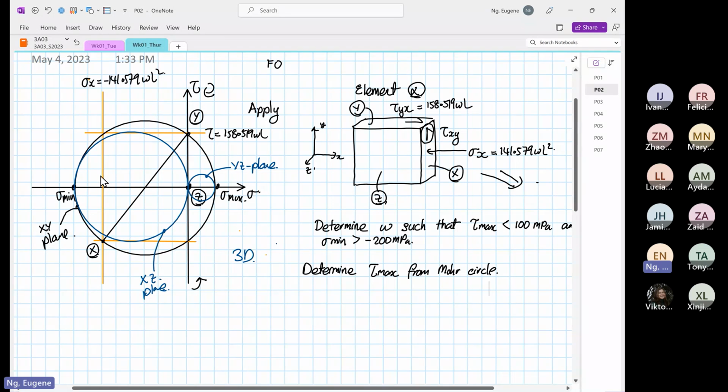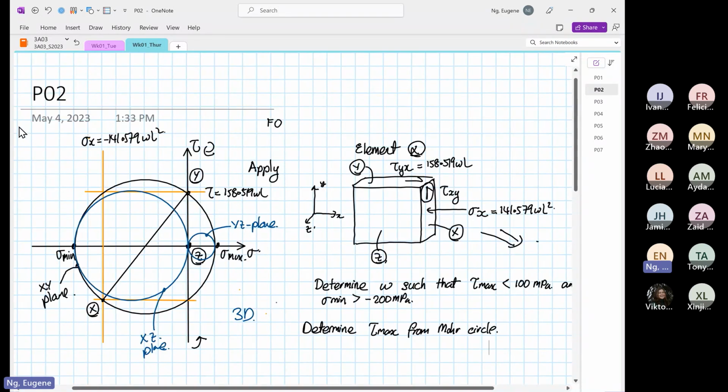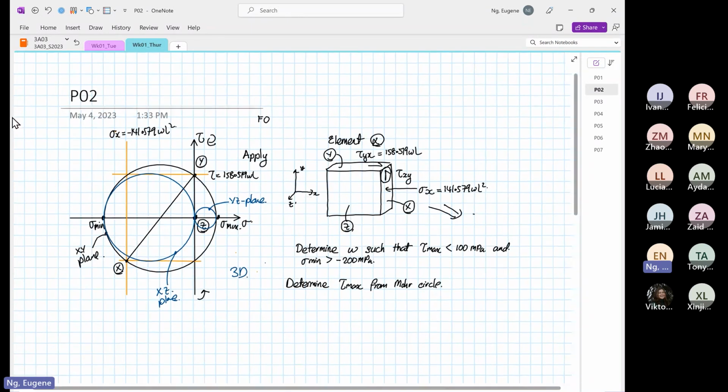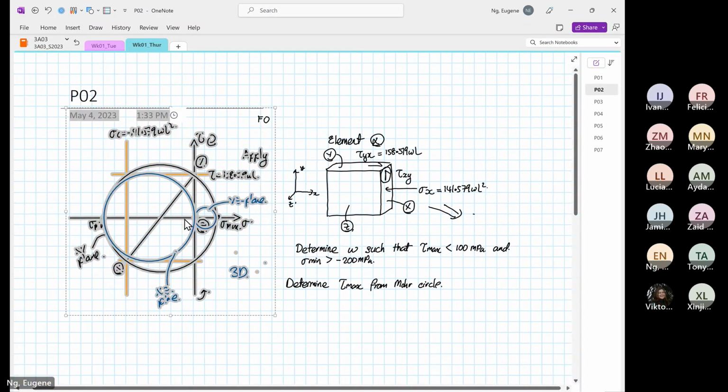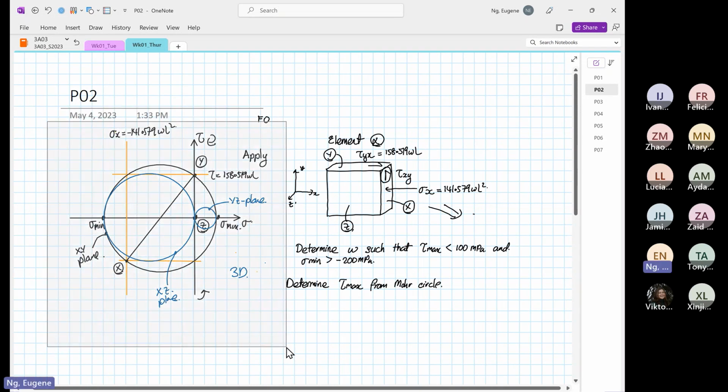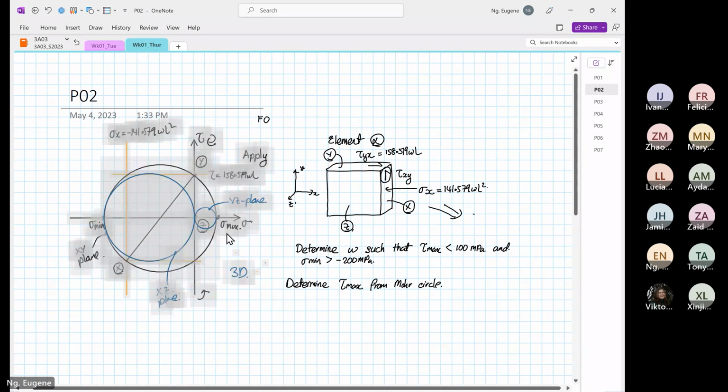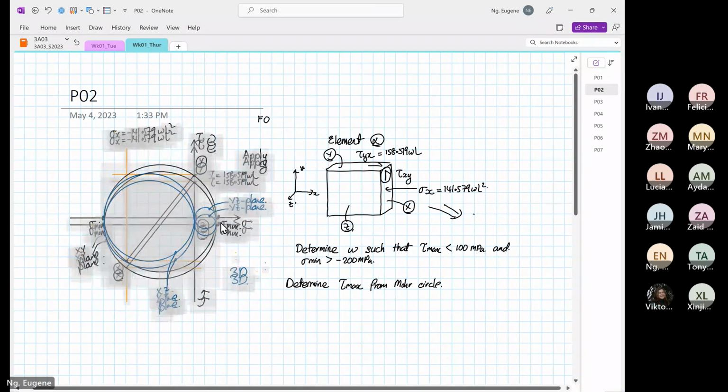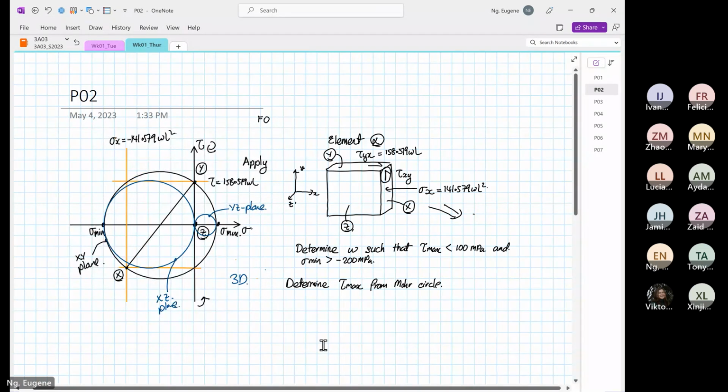Oh, I did not paste the graph properly, my bad. Hold on, pardon me. Okay, so we are going to determine tau max from the Mohr circle.